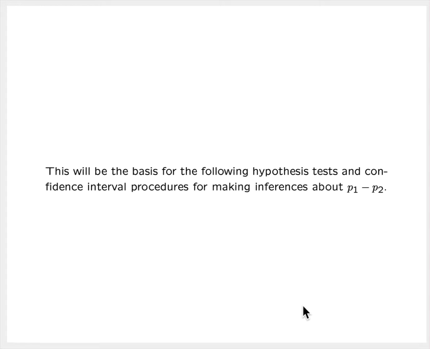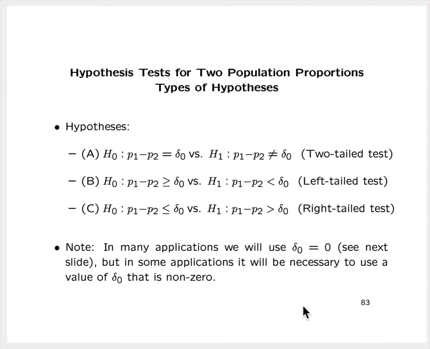That is the basis then for developing procedures for testing hypotheses where we are comparing the two population proportions, and also for constructing confidence interval estimates of the difference P1 minus P2.